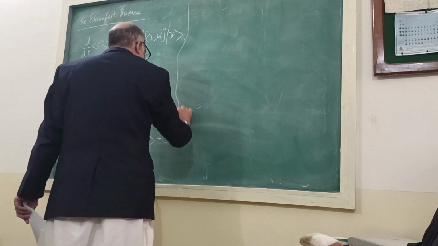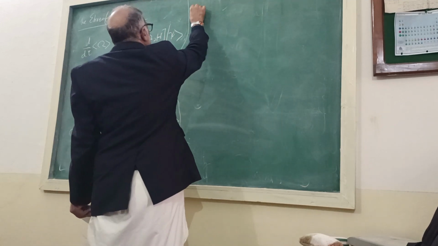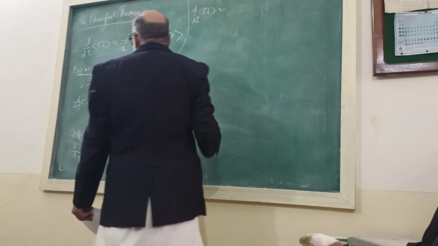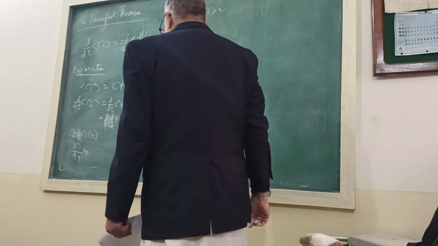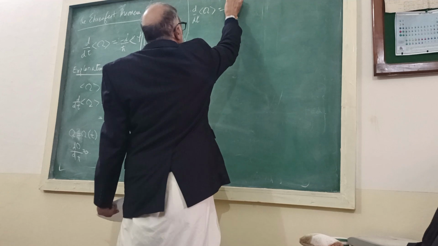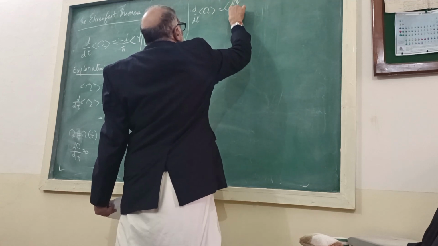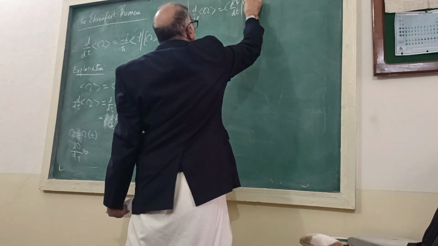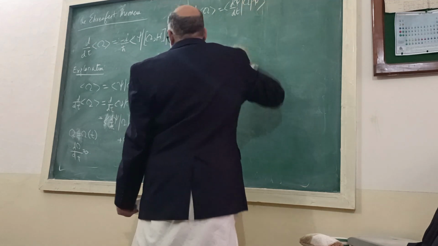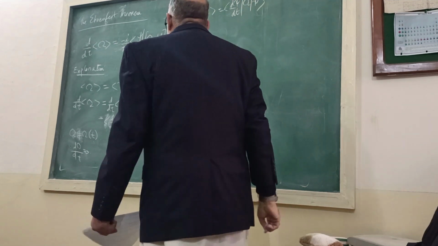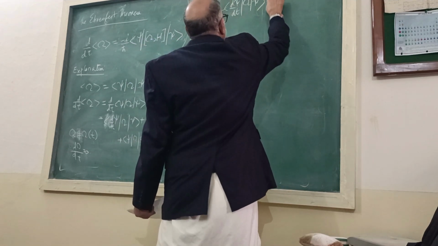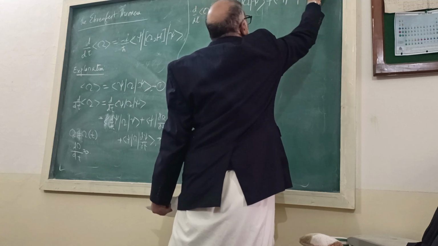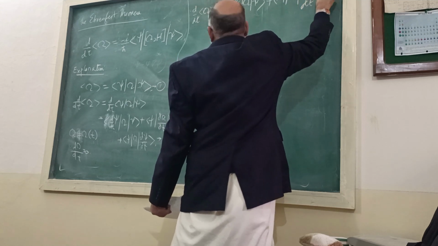And d by dt of the expectation value of omega will be equal to d psi by dt, omega, psi, plus this term which becomes 0, plus psi, omega, d psi by dt.